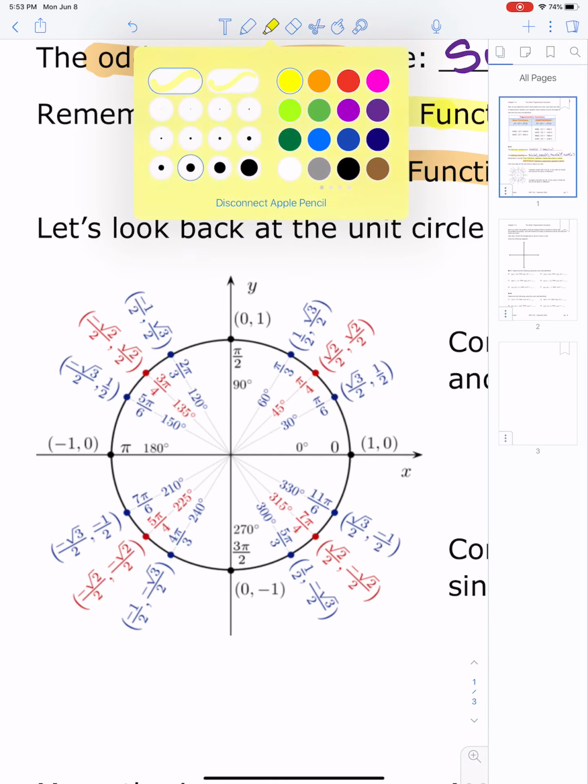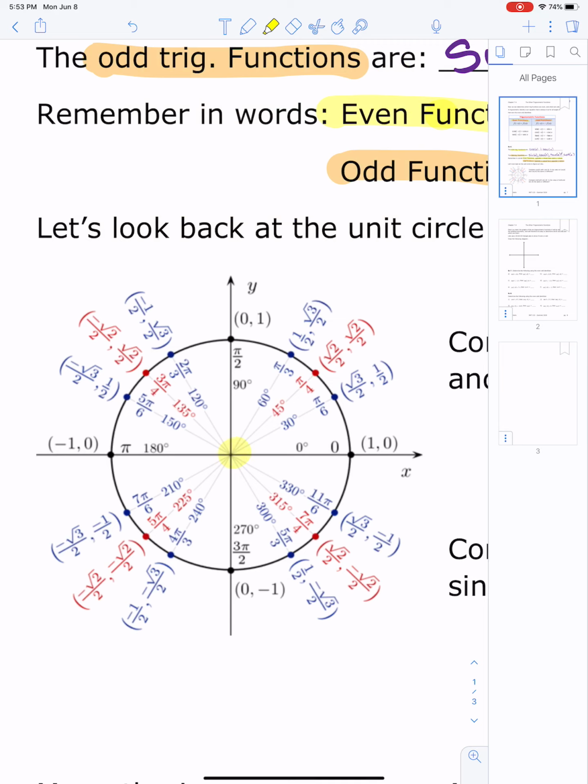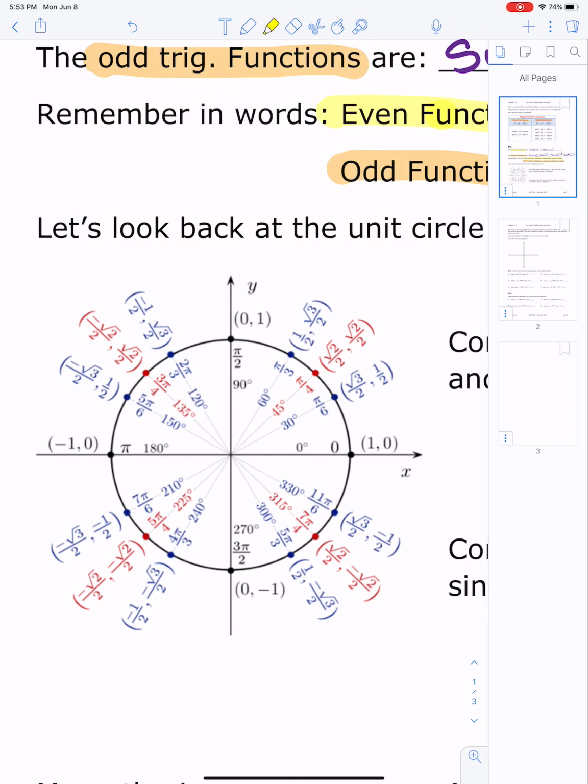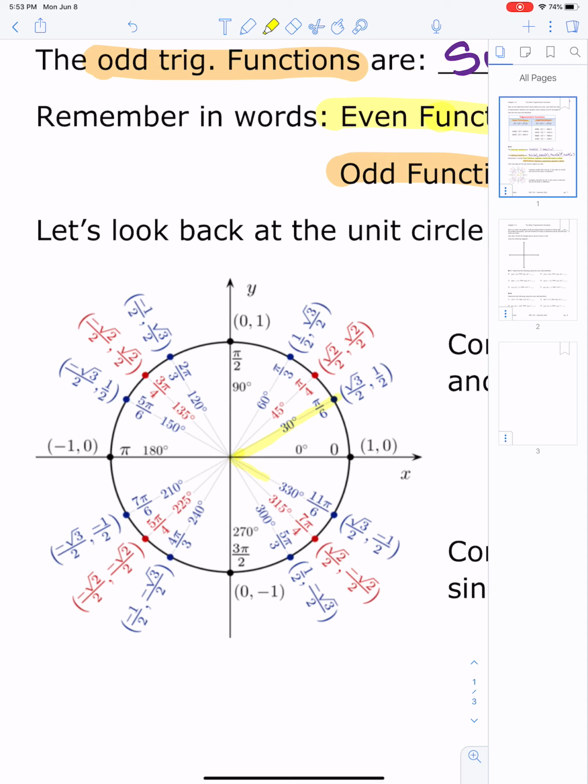Let's be smart about this and make the highlighter useful. So we got cosine of 30. And then our negative 30 is 330. And we're just comparing the cosine. So positive square root of 3 over 2, positive square root of 3 over 2.